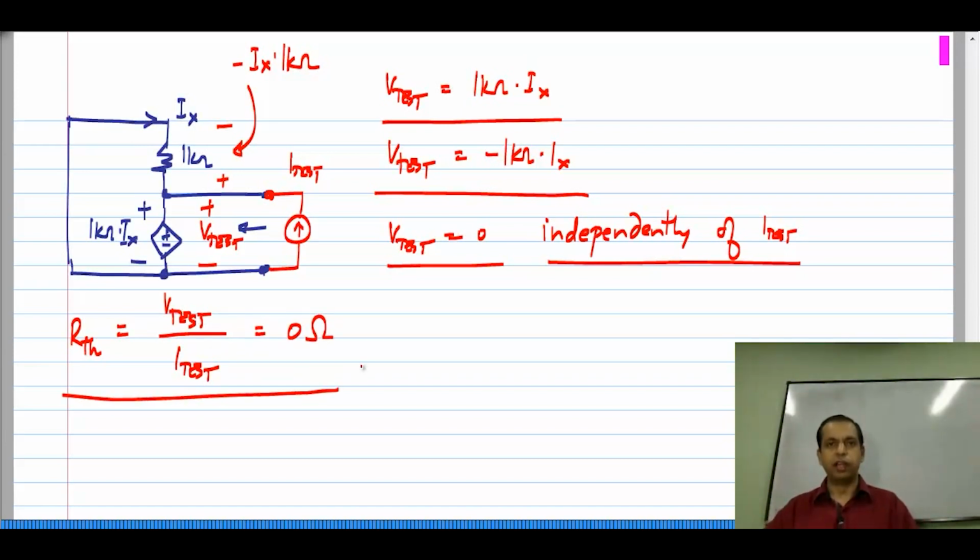Okay. So, again this is a little weird case, but because the output is across the current controlled voltage source, you expect that you see a 0 ohm resistance. Okay. So, we have Rth to be 0 ohms. Okay.